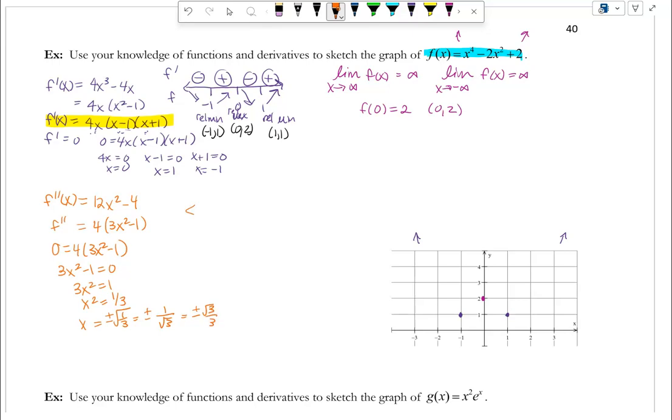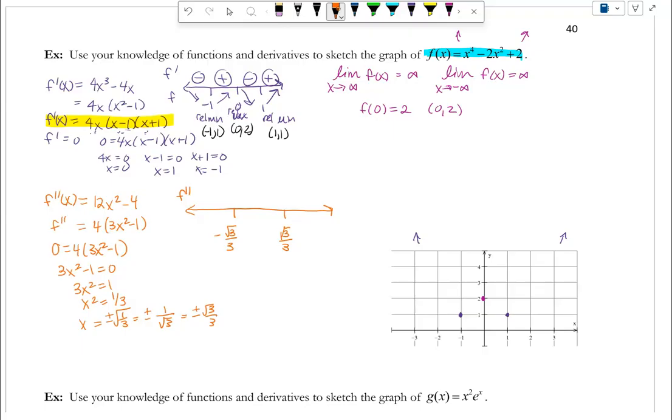So on my number line, when I'm testing for concavity, I have to consider the negative square root of 3 over 3 and the positive square root of 3 over 3. And I want to consider the sign of my second derivative. If I think about the square root of 3, I know that's a number that is less than 2, greater than 1, right?